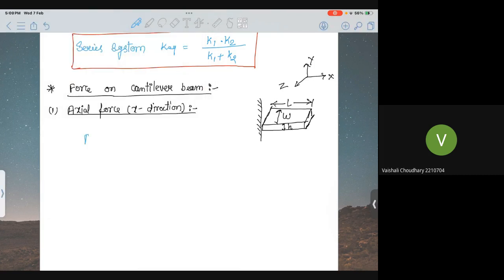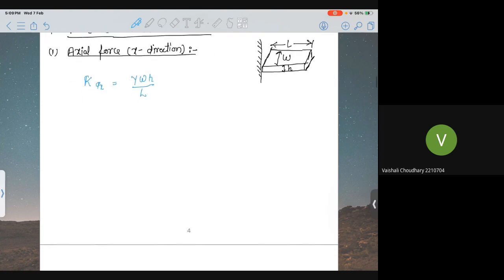For this force, what will be the spring constant? So that spring constant K in axial direction is Y W H by L. Okay.